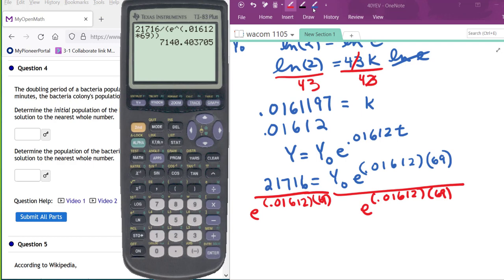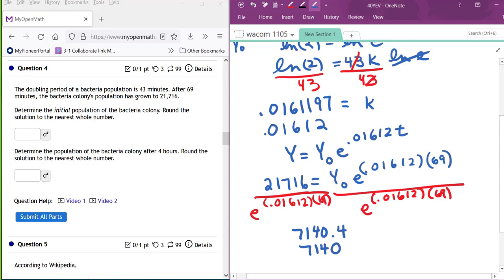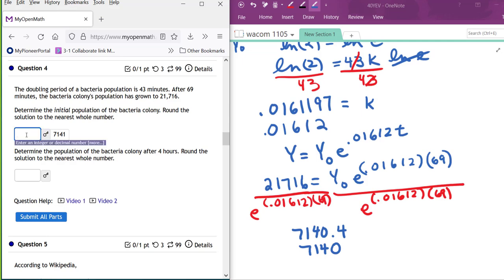So I am getting 7140.4, and they want us to go to the nearest whole number, and this is the same thing that happened to me earlier, which would be 7140, and I believe their answer was 7141, right? I'm going to enter 7140 and see if it will take it.